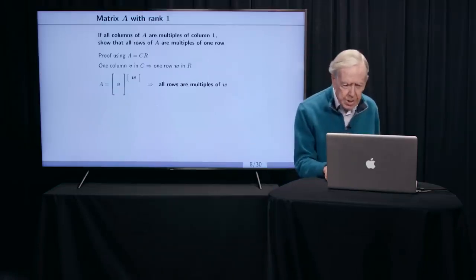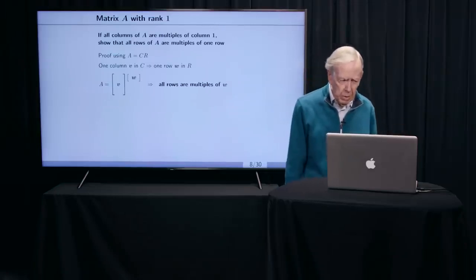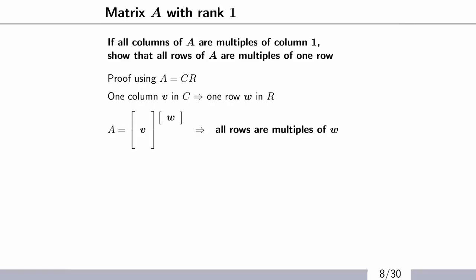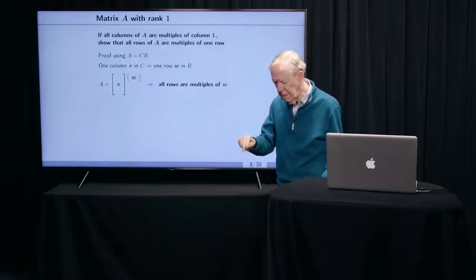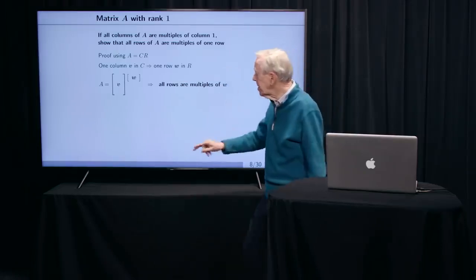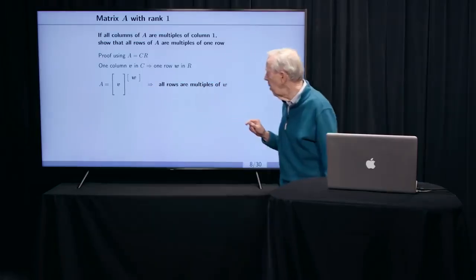Okay, so now I'm just going to say a little more about this starting method of the course. I want to focus here on these interesting matrices where every column is a multiple of the first column. Every row is a multiple of the first row. Instead of having 2 independent columns and rows, these matrices have only 1. So then C has 1 column and R has 1 row.